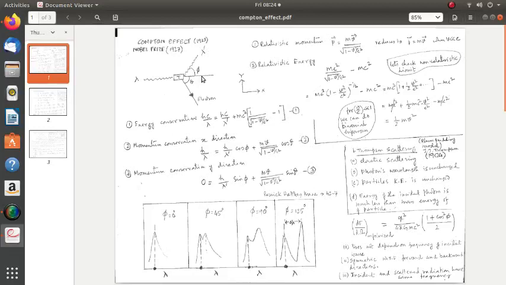But when phi changes, for example phi equal to 45 degrees, the peak at the incident radiation wavelength is there, but a second peak is developed. The difference between this second peak and the first peak increases as we increase the value of phi.